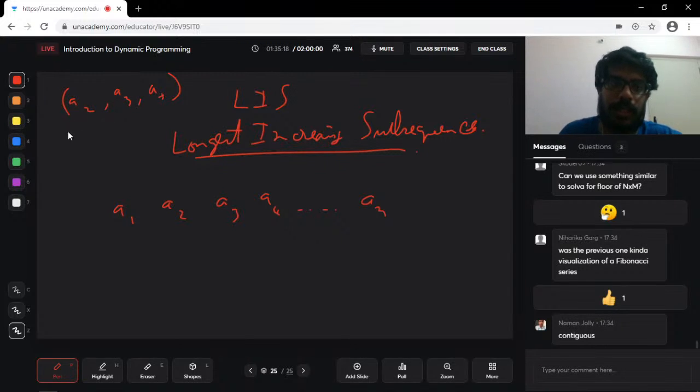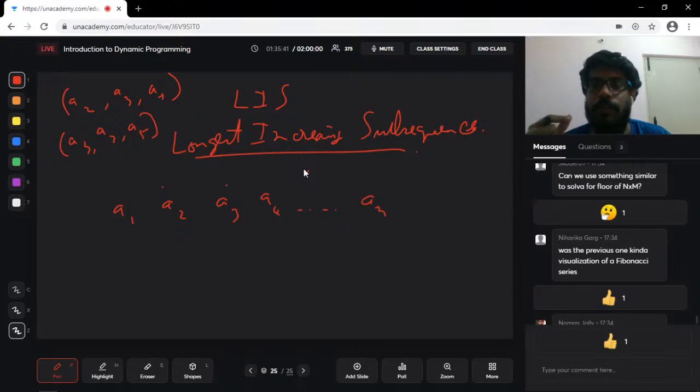It is also a subset, but say A3, A2, A5 is not a subsequence, because the subsequence should be in the same order as it is in the original sequence. Whereas A3, A2, A5 is a subset because sets don't care about ordering. That's a terminology difference which you should be careful about because a lot of problems use these terms. So understand what these terms mean.